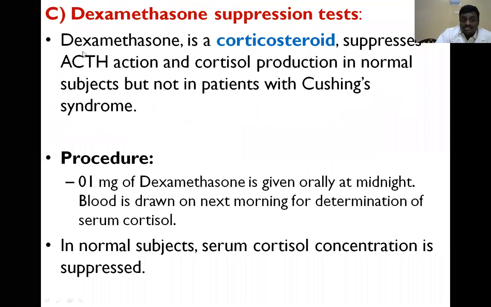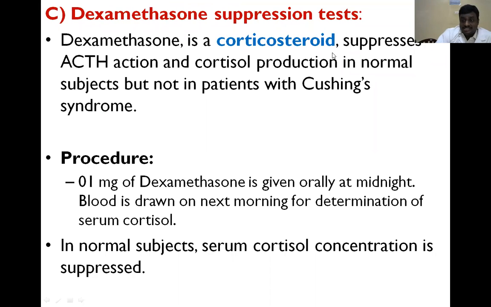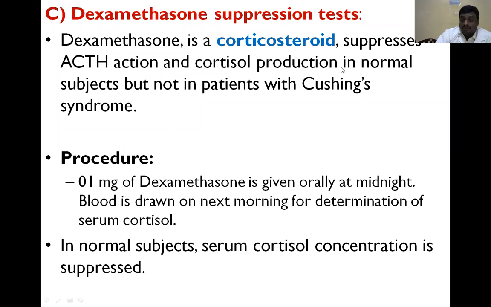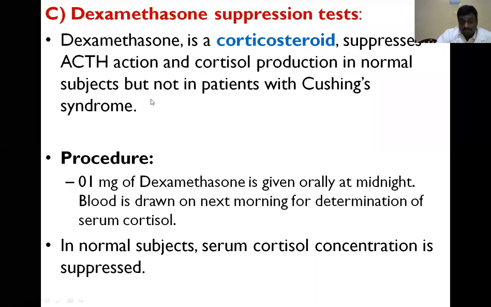Here dexamethasone, a corticosteroid, we provide to the patient. Whenever we provide dexamethasone, it suppresses the adrenocorticotropic hormone action on the adrenal gland. With no action of the adrenocorticotropic hormone on the gland, there is reduced production of cortisol, so the cortisol concentration is greatly reduced in the blood. This test is useful for Cushing.